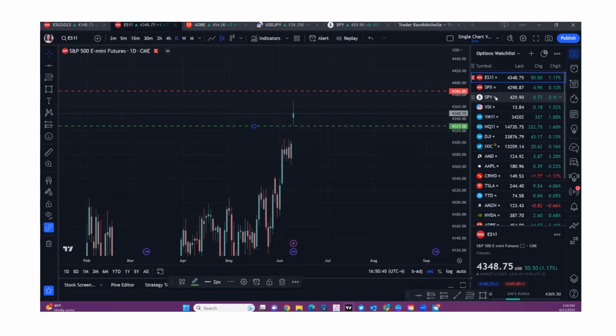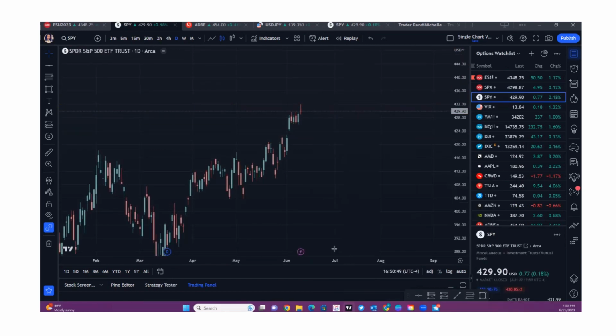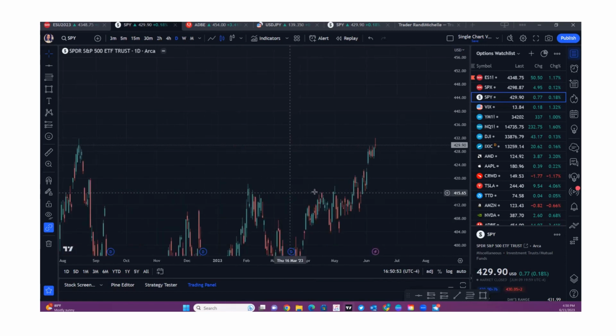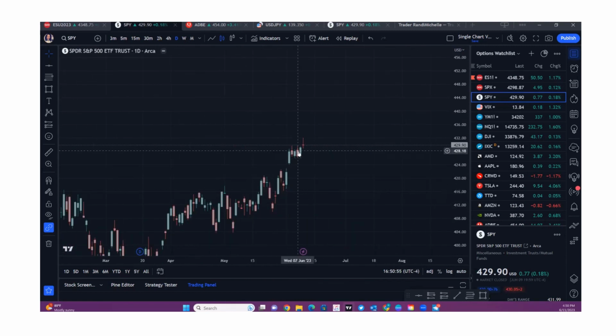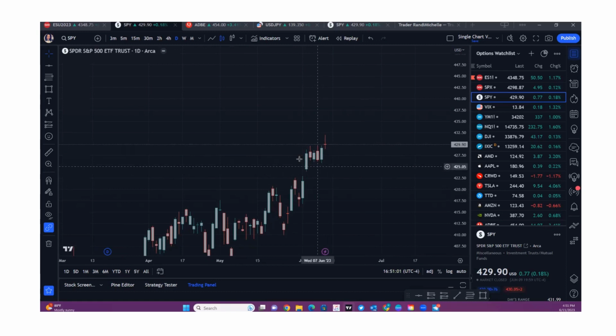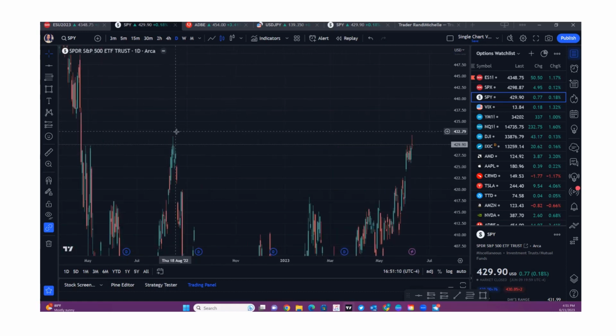Now when we switch to SPY, because SPY is going to give us a more accurate depiction of what happened on Friday, this is the spot. This looks like a breakaway, but we're not sure yet. For those of you who've been following us, we can put a few things together. We're going to study the pattern as well, and do the same thing: look at some tops and some bottoms.